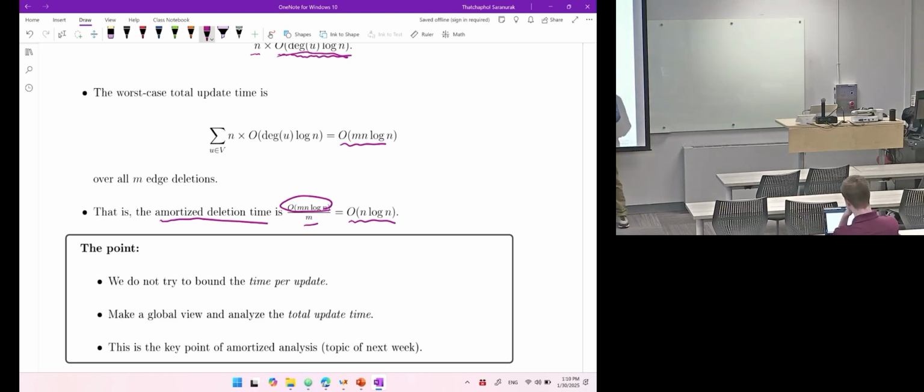So you take this global view and analyze the total update time instead of the time per update. This is the point of view that is central to amortized analysis. This is the first teaser to amortized analysis. Next week is about amortized analysis.